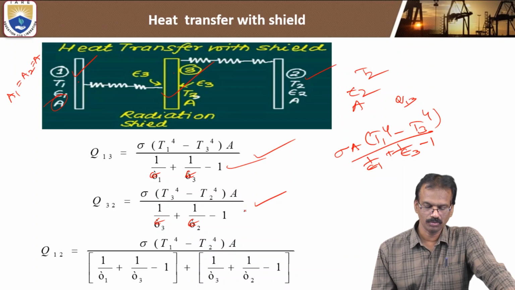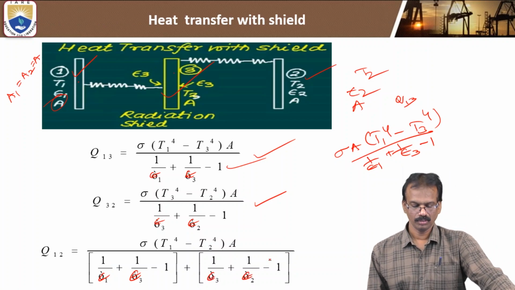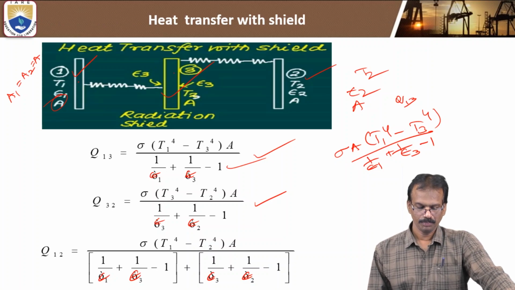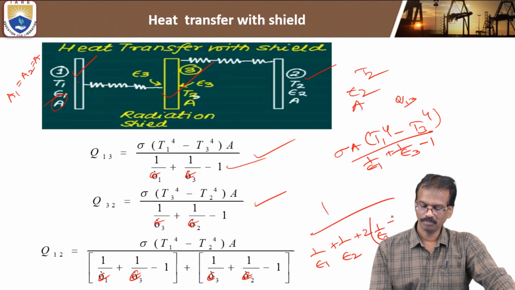We have to consider the two resistances: 1 by epsilon 1, 1 by epsilon 3, and here also epsilon 3 and epsilon 2. So the resistances will be 1 by epsilon 1 plus 1 by epsilon 2 plus 2 into 1 by epsilon 3 minus 1.